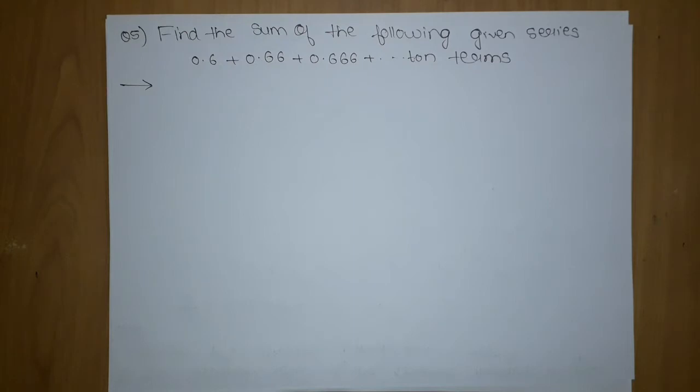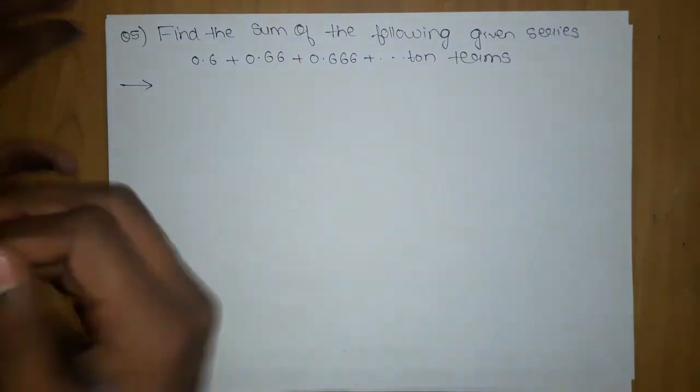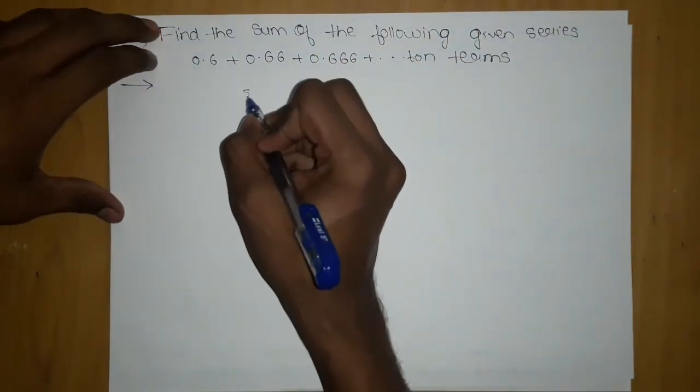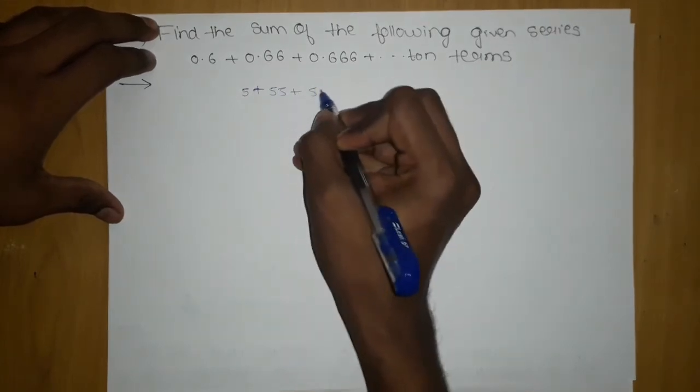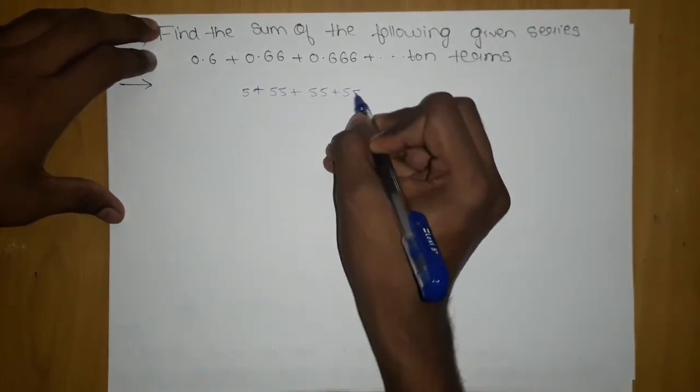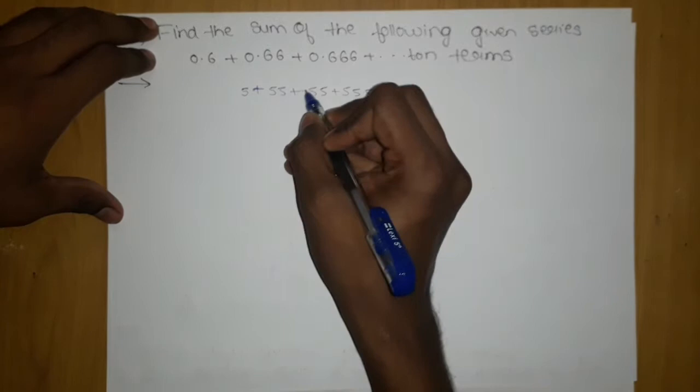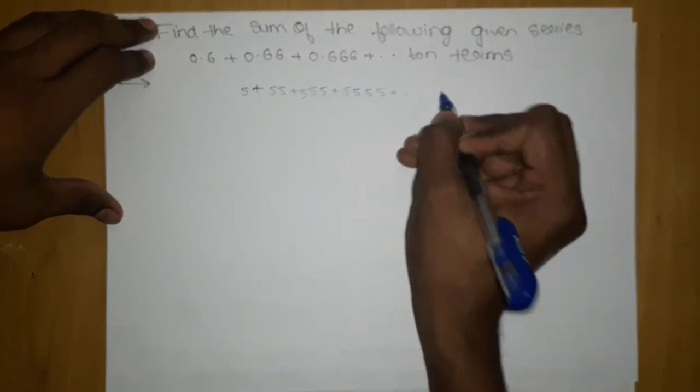Now this question is just a second type of the question we have done earlier, which was 5 plus 55 plus 555, like that. Remember this question, this is just a modified version.